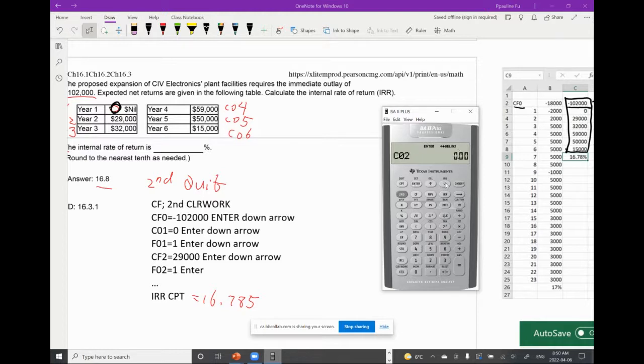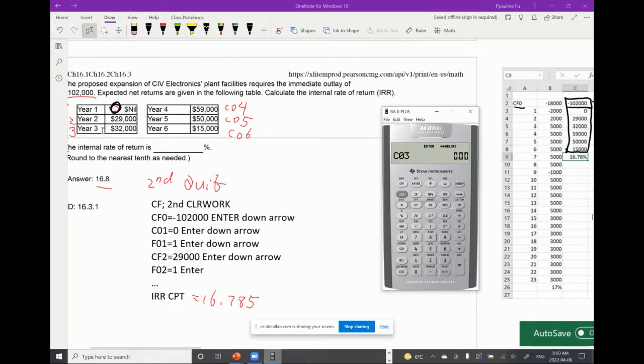Enter. Down arrow key. Next number is year 2. Year 2 is 29,000. Okay. Enter. Down arrow key. Frequency is 1. Enter. Down arrow key.